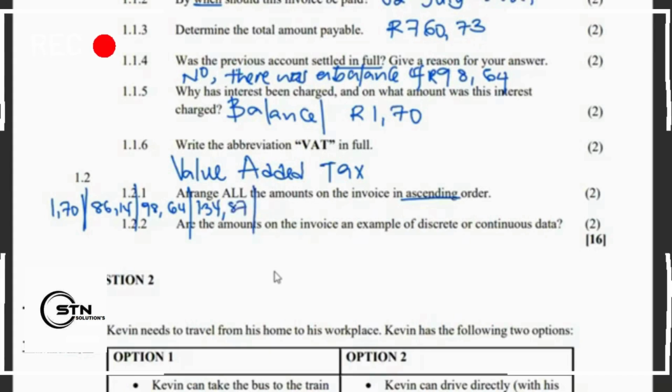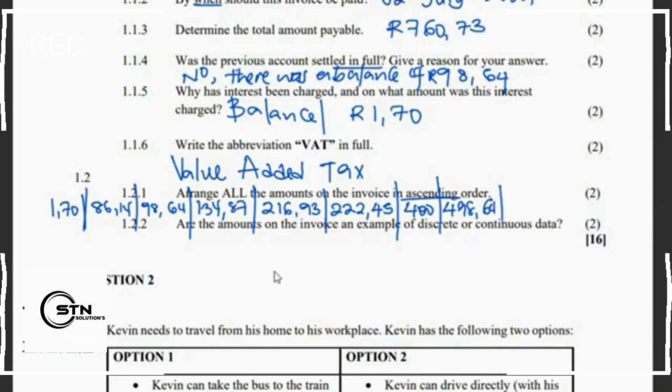134,87, followed by 216,93, followed by 222,05. Then we come to 400, followed by 498,98, 64, followed by 622.